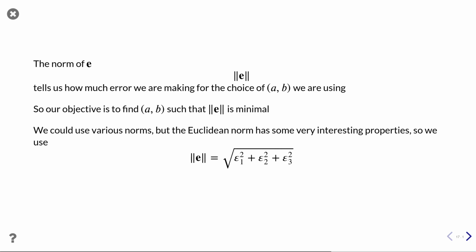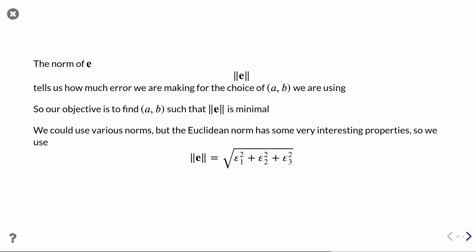The Euclidean norm of E, as a reminder from the review, is the square root of the sum of the squares of the values. So here the Euclidean norm of E is simply the square root of epsilon 1 squared plus epsilon 2 squared plus epsilon 3 squared.